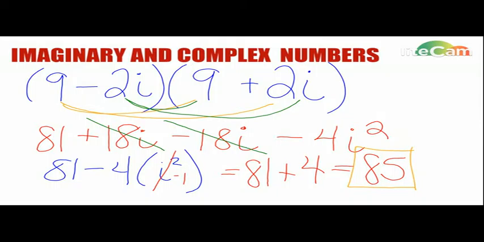The i squared became negative 1, which made that i squared go away, and the 18i's in the middle ended up being 0. So in other words, all the i's went away, and I only have one number now. Okay? If you've seen this before, this 9 minus 2i and 9 plus 2i are conjugates of each other. Okay? We're going to see this again.